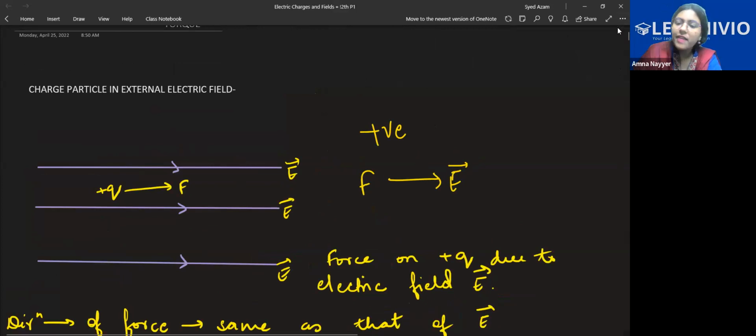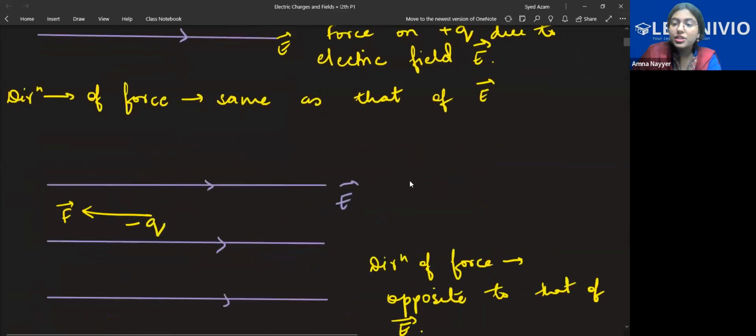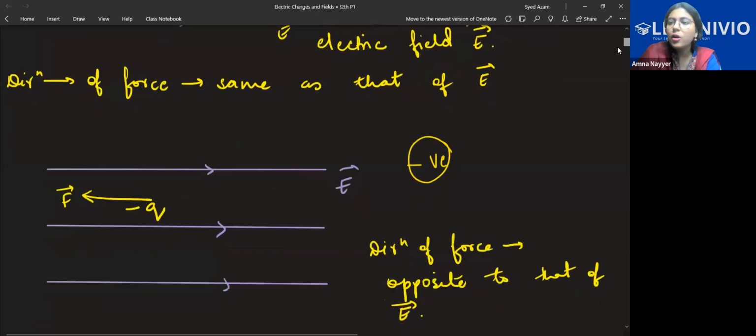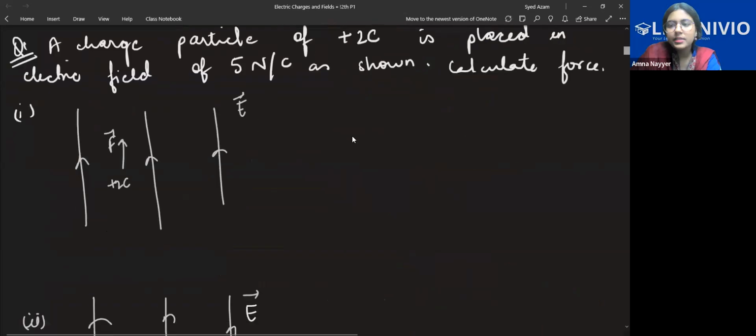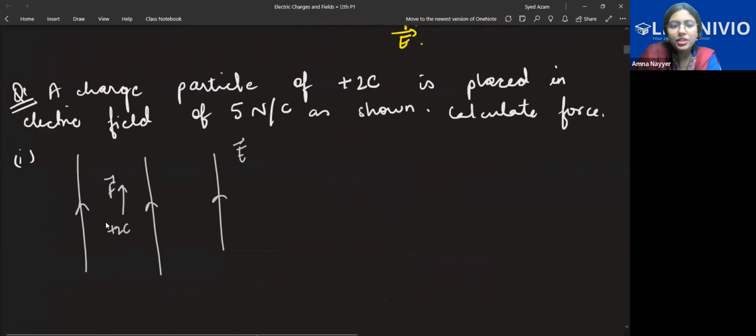But if you have a negative charge, like electrons, just reverse the direction. You will get many questions for electrons. So the direction of force will be opposite to that of the electric field. Look at this question: a particle of charge plus 2 coulomb is in an electric field of 5 Newton per coulomb. You have to calculate the force.